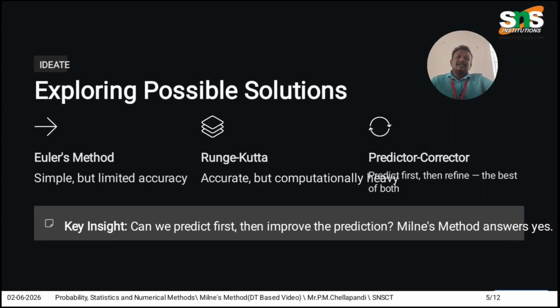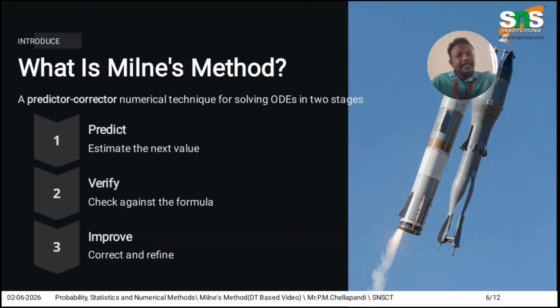Now, imagine another approach. Can we first predict a value and then improve it? This becomes the key idea behind Milne's method. So instead of directly solving the problem, we first estimate and then we refine the estimated values, right? Let us go to the next part.